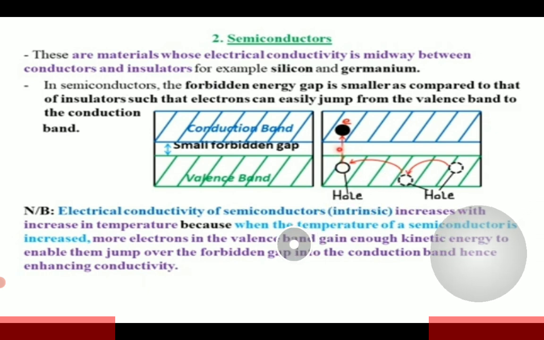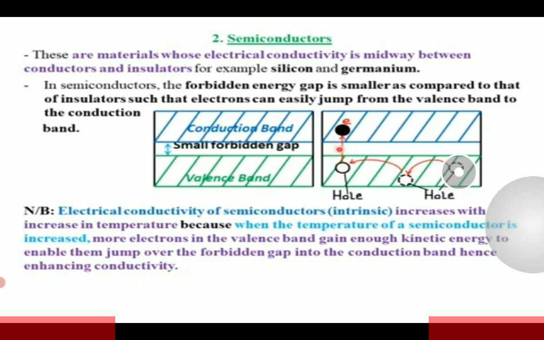What the heat does is that when the temperature of semiconductors is increased, more electrons in the valence band gain enough kinetic energy to enable them to jump over the forbidden gap into the conduction band, hence increasing conductivity. All right, so let's suppose an electron is heated there. Electrons, once heated, will gain kinetic energy. Remember that heat causes the kinetic energy of particles to increase.